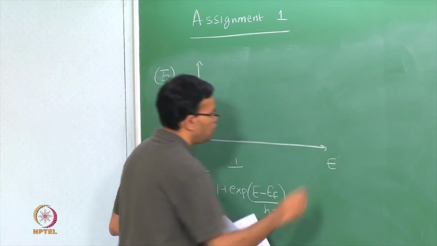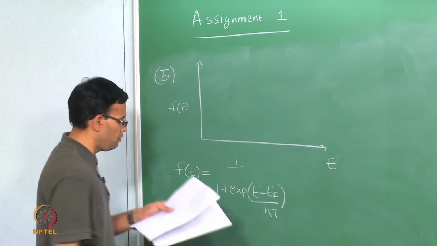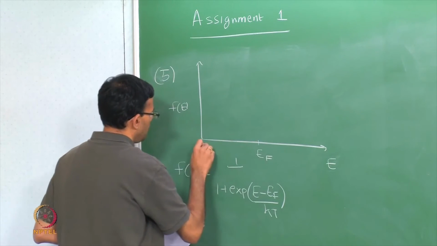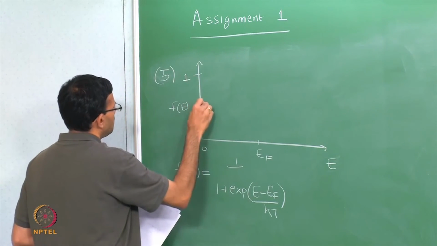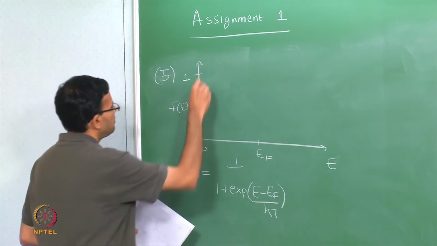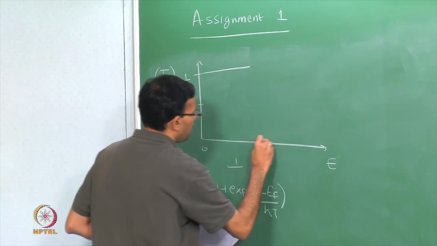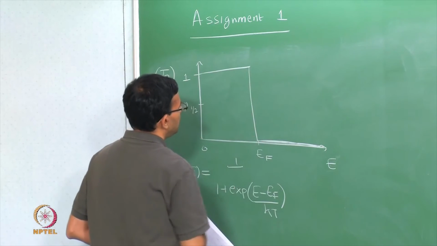So, we want to plot the Fermi function as a function of energy. Let me mark E f and 0, and the Fermi function goes from 0 to 1 and I will mark 1 half. So, at 0 Kelvin it has a value of 1 and then it has a value of 0. So, it is a step function.